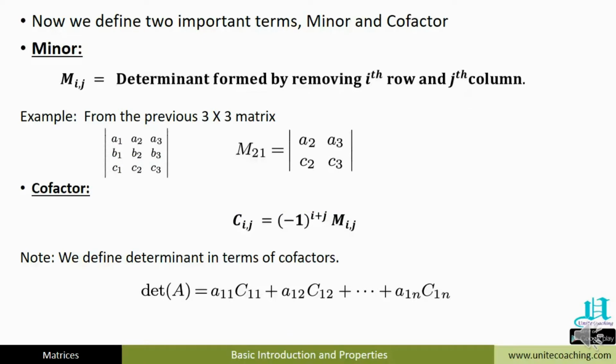This formula is Cij is equal to minus 1 to the power i plus j, that is the sum of the row number and the column number, into Mij. So to find the cofactor of a given element, we first need to find the minor of that element, then multiply it by minus 1 to the power i plus j.